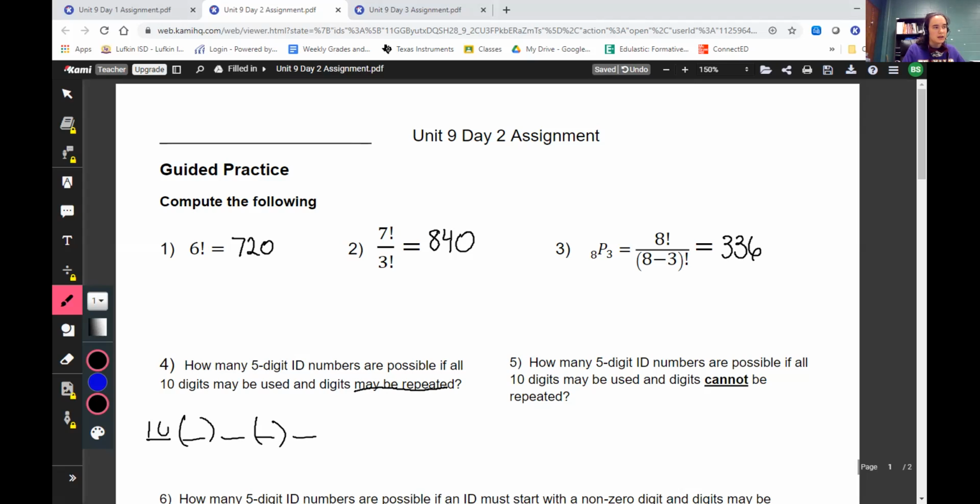So we have 10 options for each of these because we can repeat. So 10 times 10, 100, times 10 is 1,000, times 10 is 10,000, times 10 is 100,000. We've got 100,000 different 5-digit ID numbers.